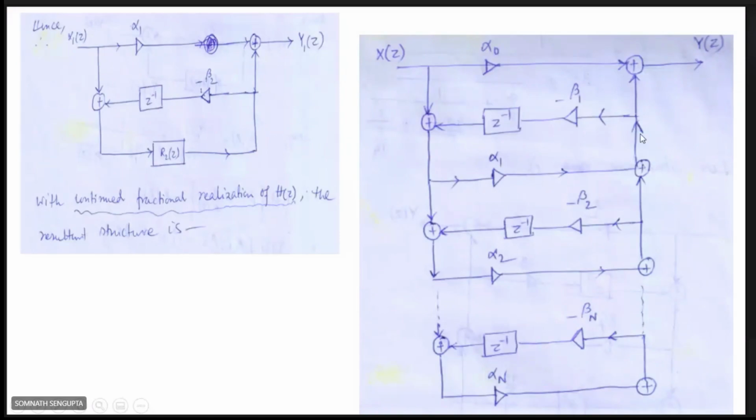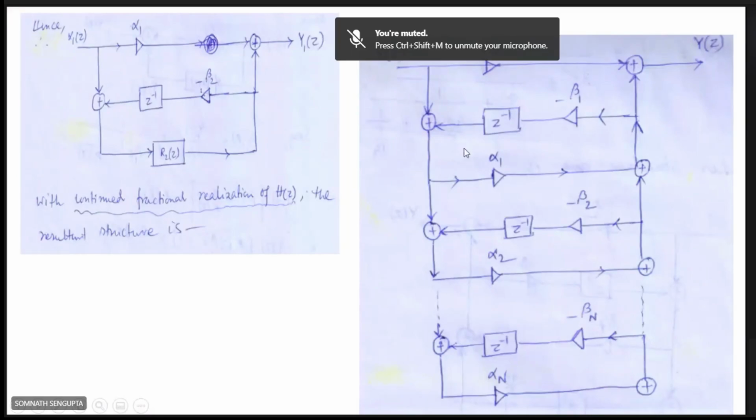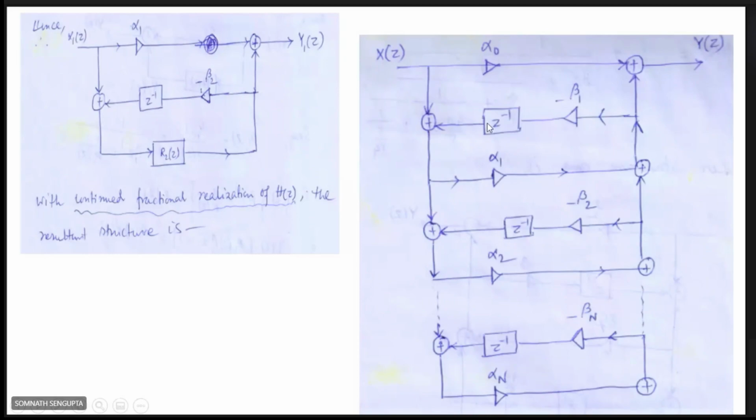So this means that, say, consider this input X(z) and this z inverse. Their sum is generated and goes towards alpha 1 and to the next.